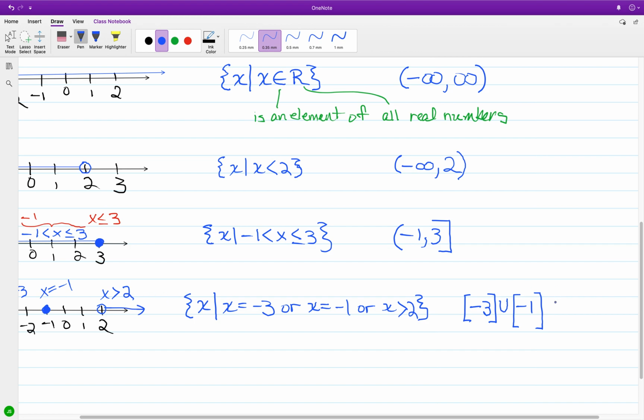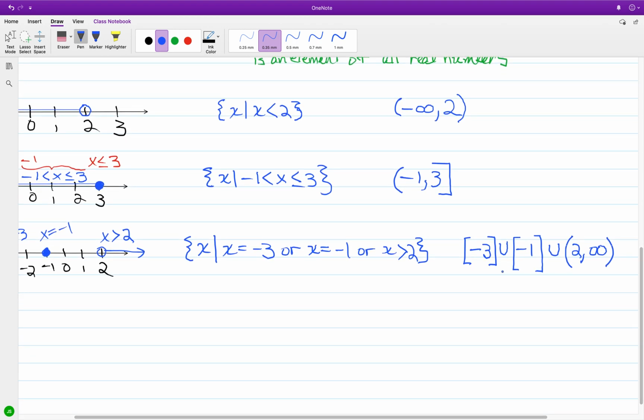And with x greater than 2, we have going past 2 on out to infinity, and 2 is not included, infinity is boundless. So for this last section, we're going to have parentheses. And let me mention, this U symbol is going to refer to the union of elements, sets, or intervals.